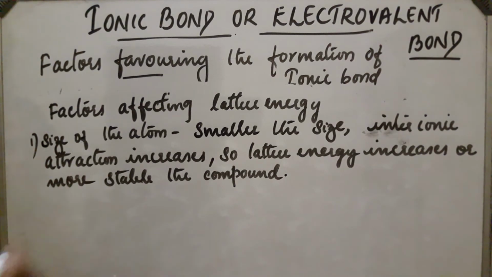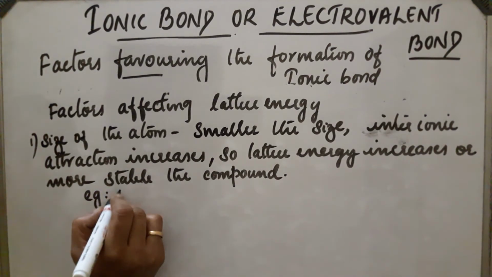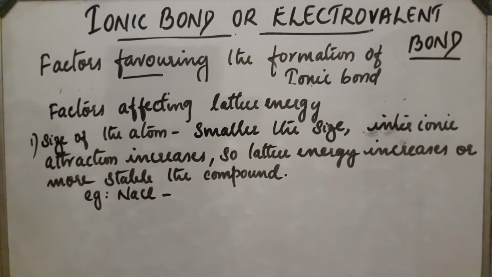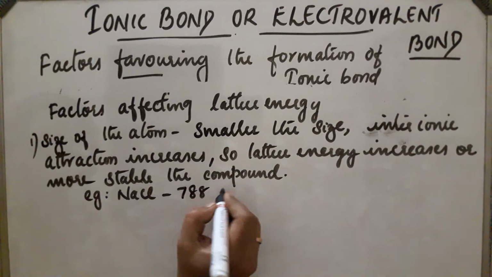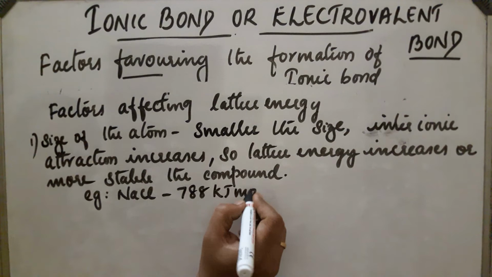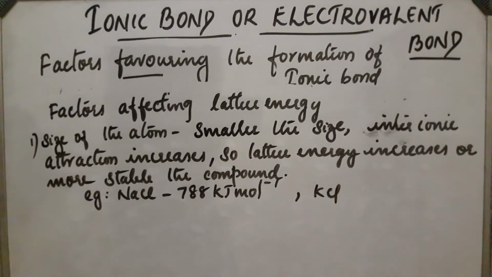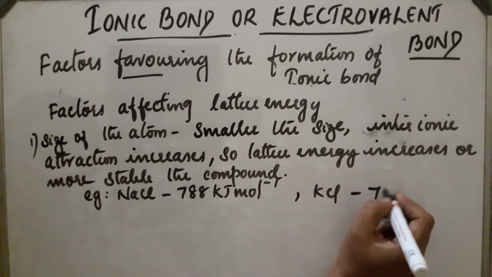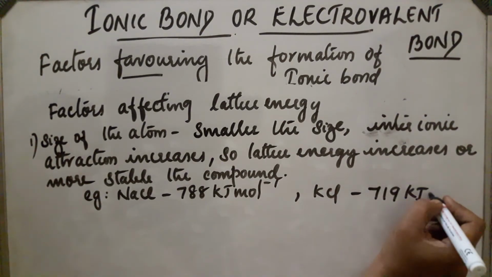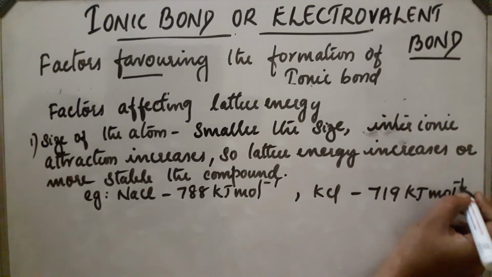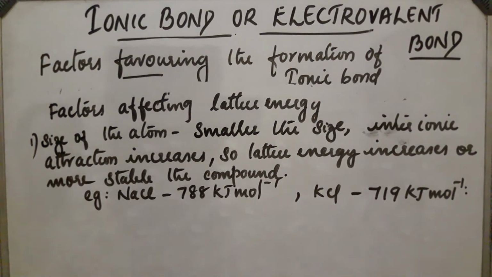Example, in the case of NaCl and KCl, we can take NaCl. The lattice energy of NaCl is found to be 788 kilojoule per mole. And in the case of KCl, lattice energy is found to be 719 kilojoule per mole. So, which compound will be more stable? NaCl, because it has more lattice energy.